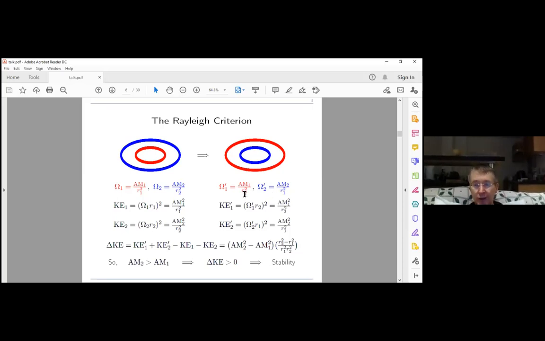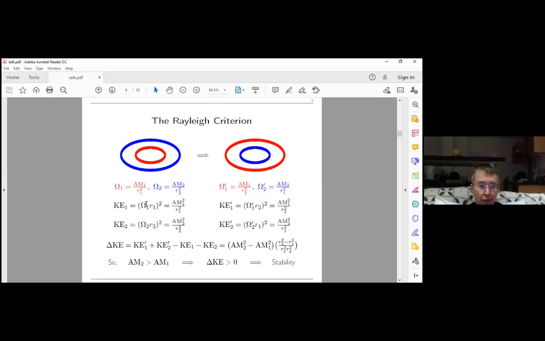So this one now has size R2, and this one has size R1. So their new angular velocities are given by those results there with the primed variables. Well, if I know the original angular velocities and I know the new angular velocities, it's easy enough to sit down and work out the corresponding kinetic energies.